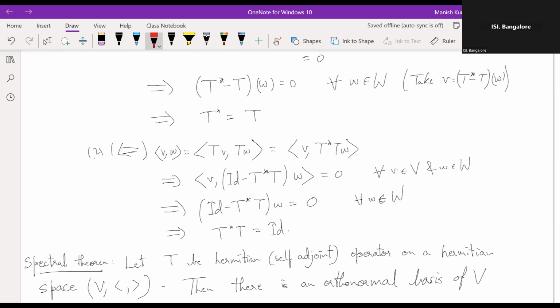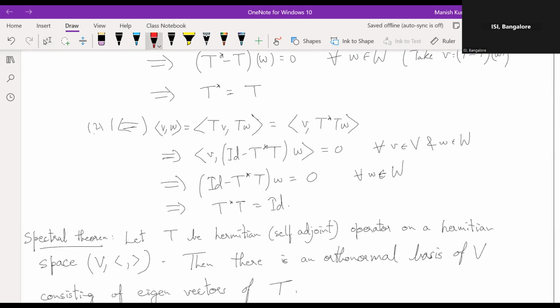And this is again true for all v and w. So again, that tells you that identity minus T star T applied to w is 0 for all w in V, that is the same as saying T star T is identity. Okay. Yeah, so this is the usual.